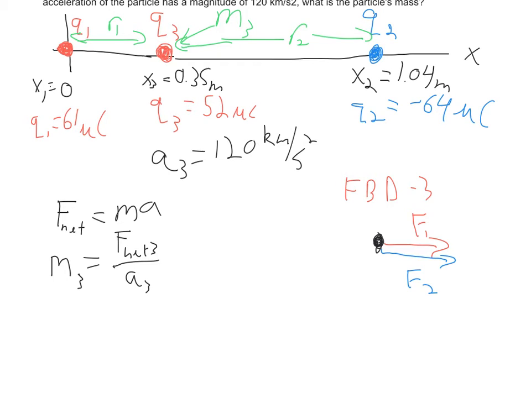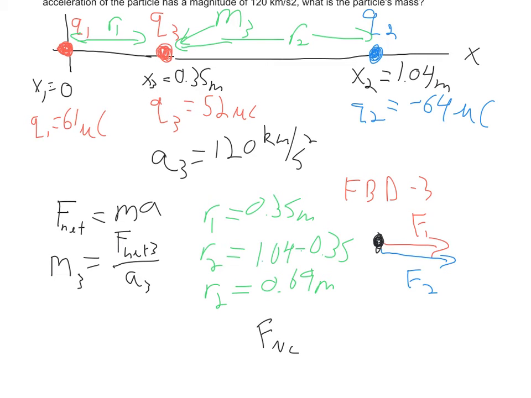We can see that R1 is just going to be 0.35 meters, and then R2 is going to be 1.04 minus 0.35, the distance in between those two. I don't have my calculator, but R2 looks like it should come out to be 0.69 meters.